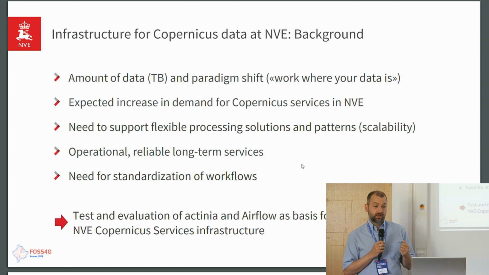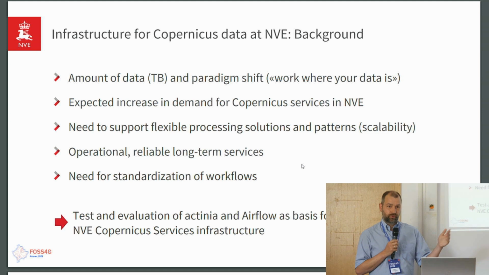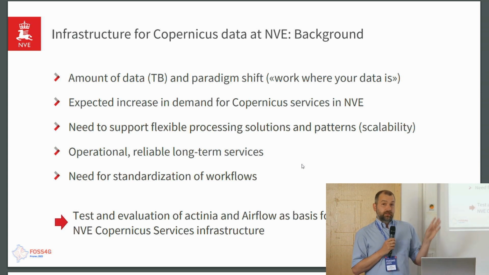But we also have needs for operational and reliable long-term services, because the people that put out the warnings can't use data that is on and off, so it's very important to have the solutions working stably and reliably. And as mentioned, we have these different science partners. They come with different ways to do things, but we have the burden to maintain all that.